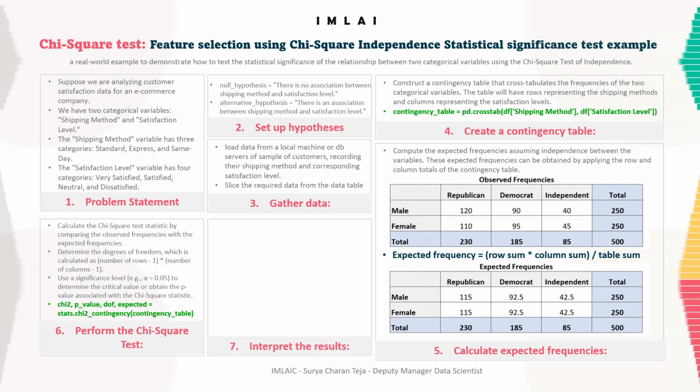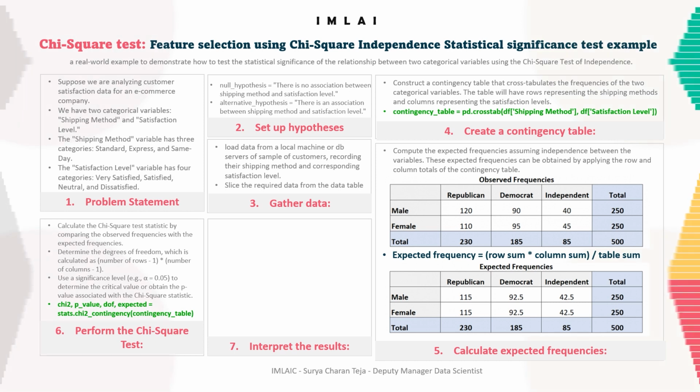If the calculated chi-square statistic exceeds the critical value, or the p-value is below the significance level, reject the null hypothesis. Conclude that there is a statistically significant association between the shipping method and satisfaction level. If the p-value is above the significance level, fail to reject the null hypothesis, indicating no significant association.